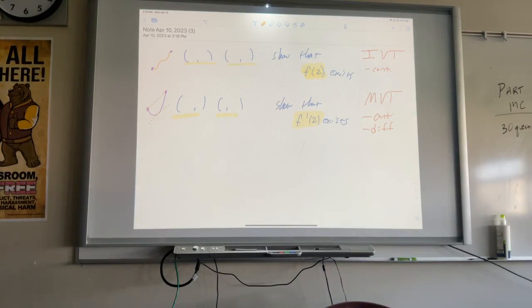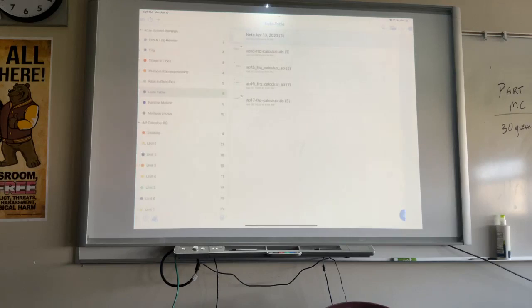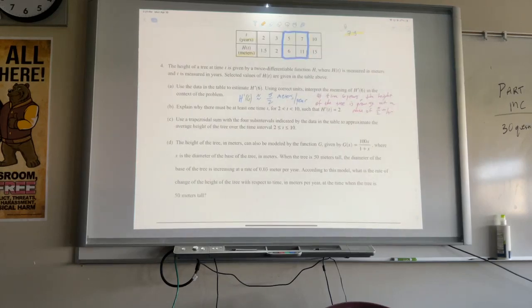So here we go. Part B says h prime of t equals 2 somewhere from 2 to 10, which means which one am I using? MVT. MVT means that somewhere the derivative equals the slope.